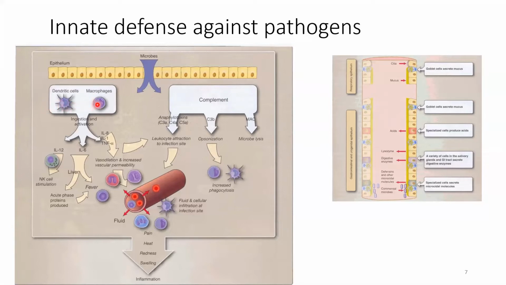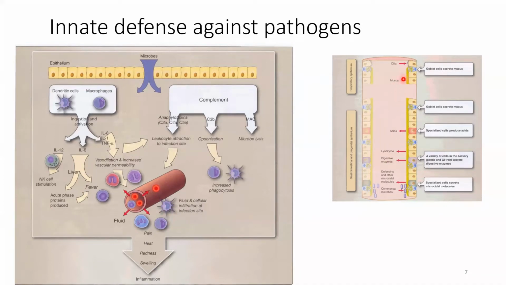We also have dendritic cells and macrophages that can ingest and release cytokines: interleukin 12 to activate NK cells, interleukin 6 to activate the liver to produce acute phase proteins and cause fever, and IL-8, IL-1, TNF alpha to cause vasodilation and increase vascular permeability, and let the white blood cells extravasate from the blood vessel to perform phagocytosis and release mediators to clear the pathogens.